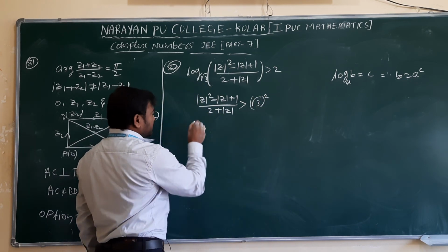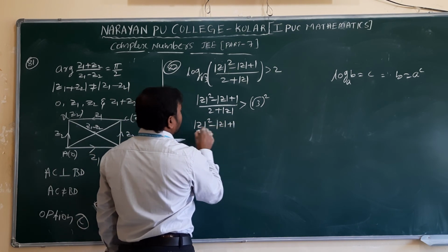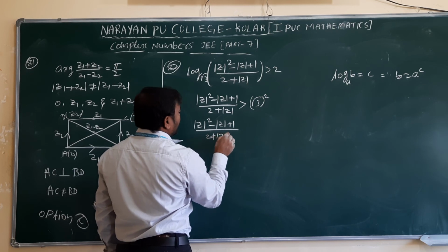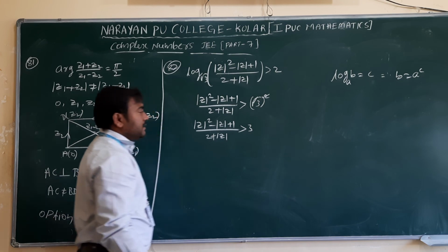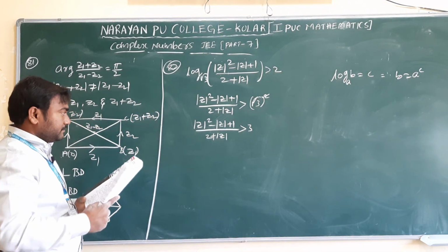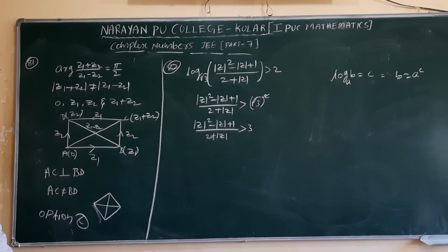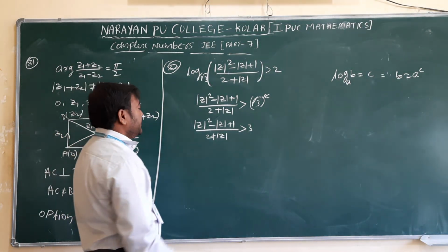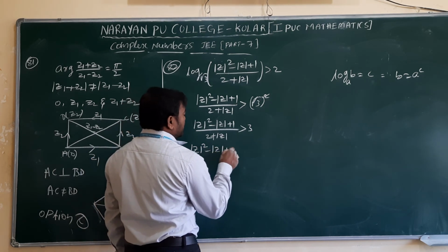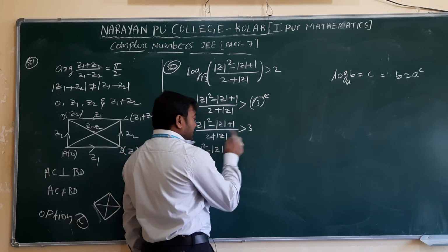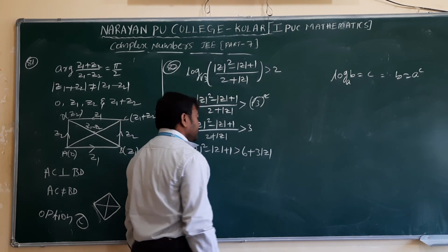Now here, (modulus of z whole square minus modulus of z plus 1) by (2 plus modulus of z) is greater than, square root cancels, remaining 3. Now modulus of z square minus modulus of z plus 1 is greater than 3 times (2 plus modulus of z), that is 6 plus 3 into modulus of z.